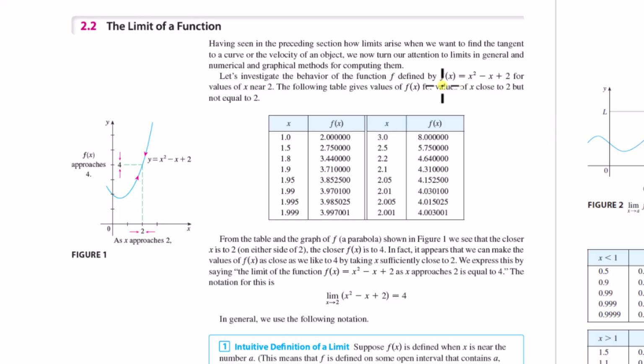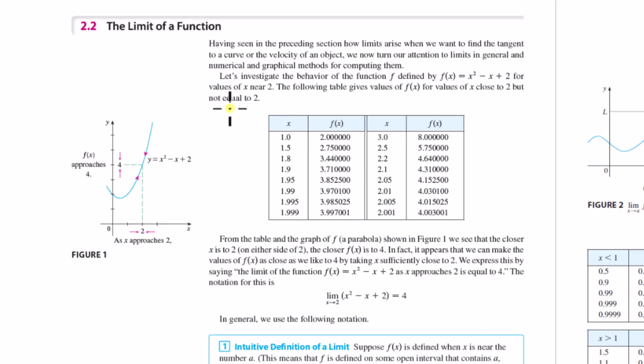And we also know that the domains of functions like this, of polynomials, you can input anything you want and you're going to get an output, any real number you want. All right, but now what we're wanting to think about is this function for values of the input x near 2.